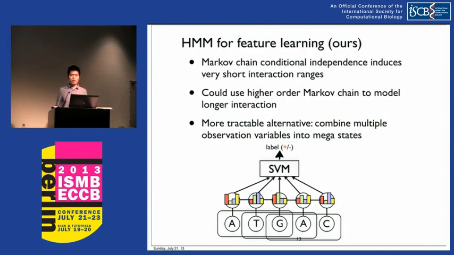A more tractable alternative is to combine multiple observation variables into megastates. For example, in this case, ATG is considered a megastate. Therefore, we can significantly increase model complexity with little computational overhead.